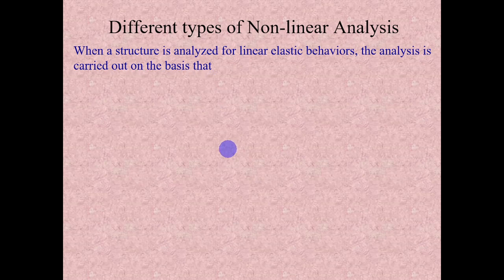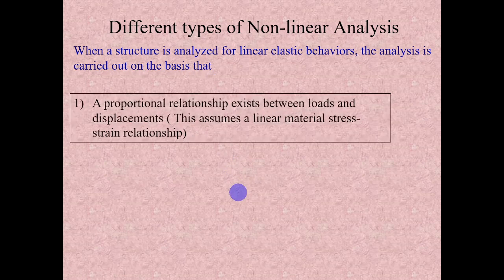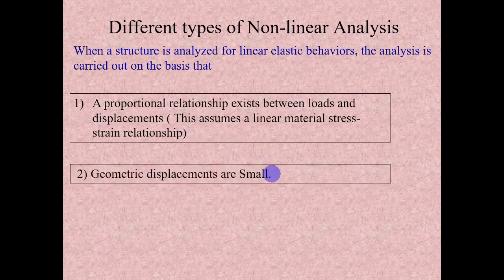When a structure is analyzed for linear elastic behavior, the analysis is carried out on the basis that a proportional relationship exists between the load and displacement. That means a linear material stress-strain relationship exists. That is the main assumption. Another one is that the geometric displacements are small, within a limit.